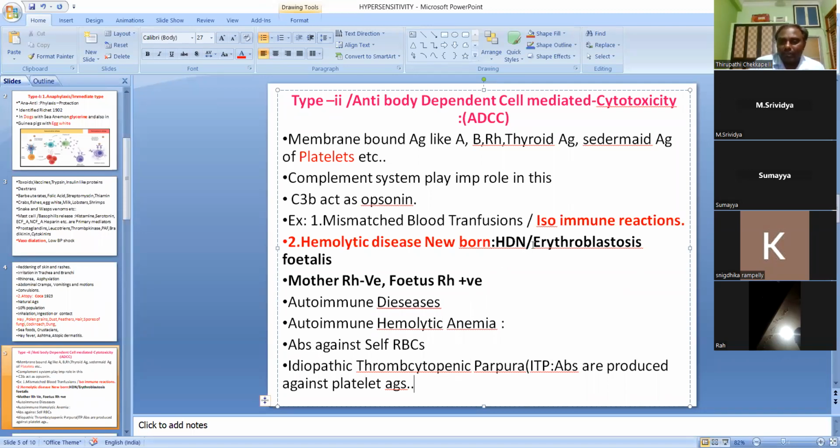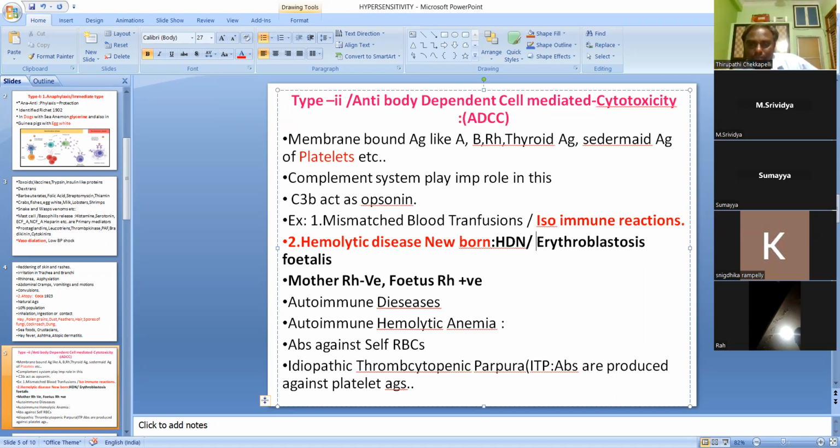Actually it is called erythroblastosis because in the fetus all the matured RBCs are damaged due to the release of IgG from the mother. Then the bone marrow and liver, particularly the liver, try to produce an adequate number of RBCs.